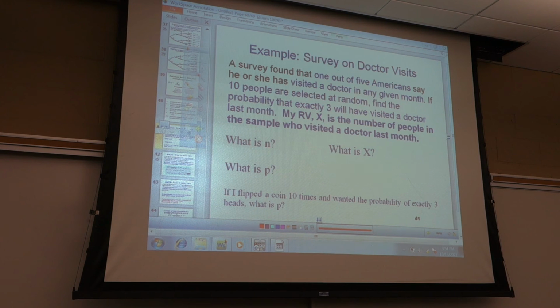If 10 people are selected at random, find the probability that exactly 3 will have visited a doctor last month. My RV, X, is the number of people in the sample who visited a doctor last month. What is n, what is x, what is p? Everybody find those 3 things. Let's go 15 seconds on your own, and then 15 seconds talking with your neighbors.